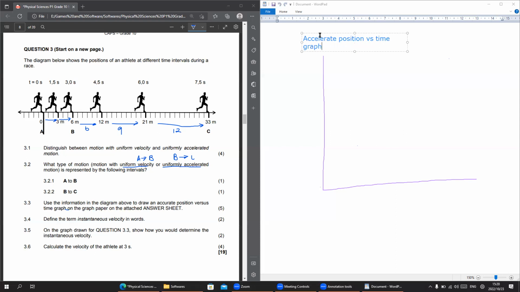So what's the next thing? The headings on the axis, sir. Okay. So the headings on the axis. So time is always gonna be on this side, and the other side.